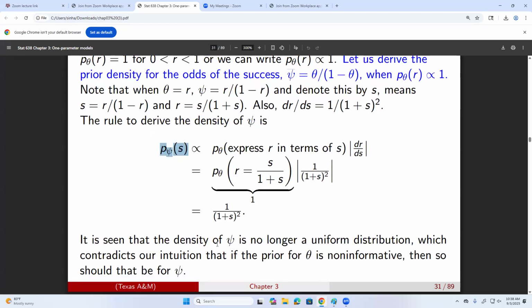And it is seen that this density of psi, evaluated at this point s, is no longer a uniform distribution, which contradicts our intuition that if the prior for theta is non-informative, then it should be for psi. So you get an informative density for the odds of the success.